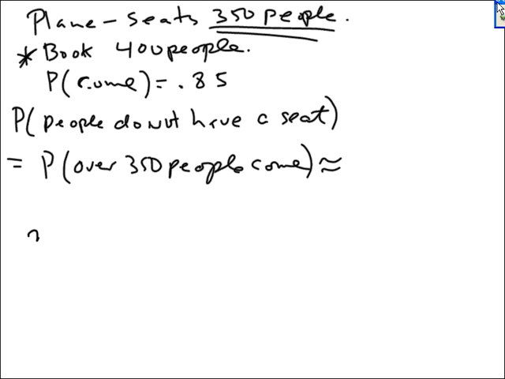So we need to find out what NP is. And this time I'll remember that it's mu, and hopefully I won't erase it. The sample size is 400. You're booking 400 people.